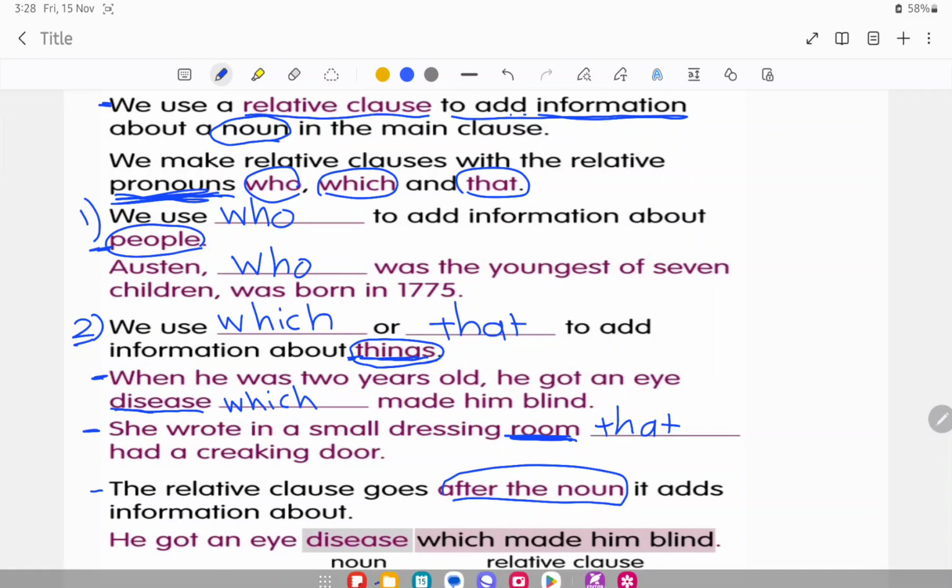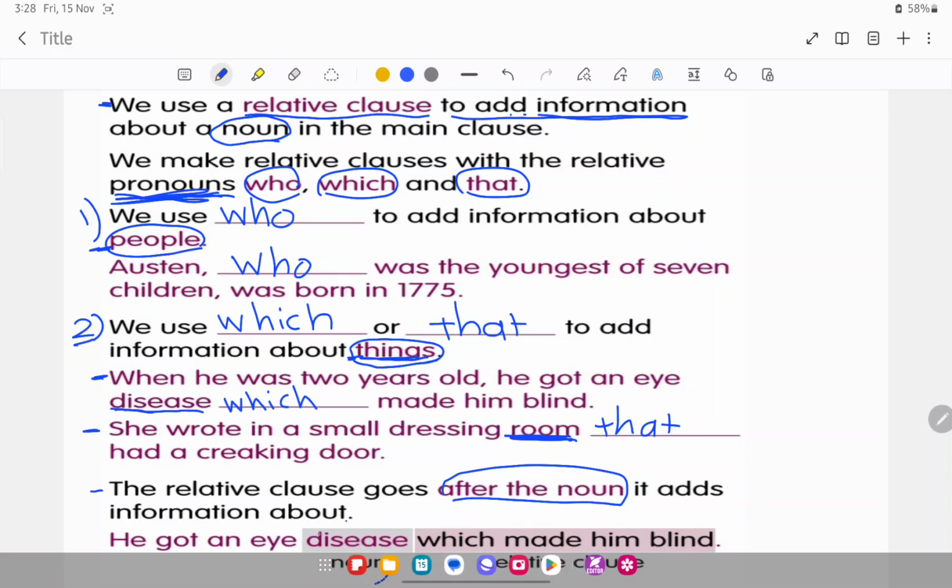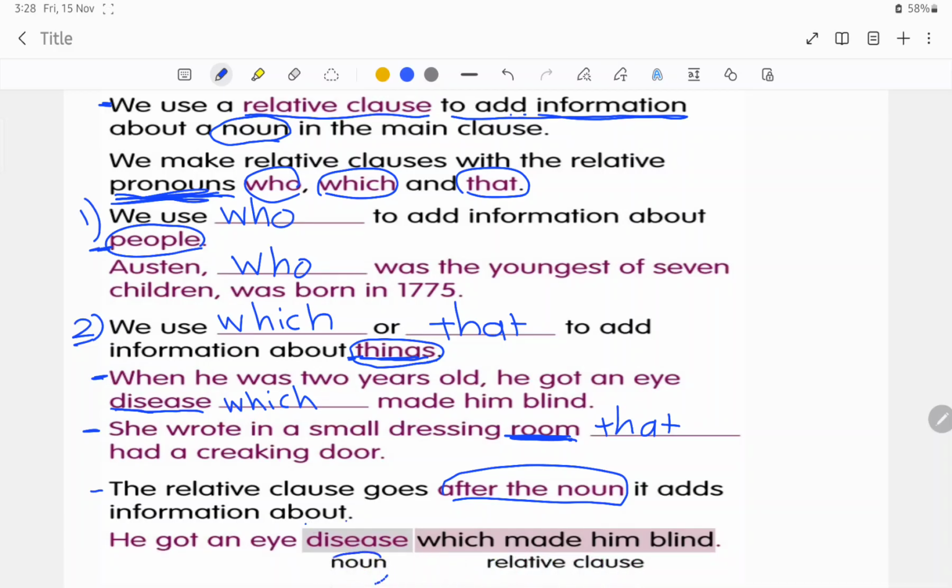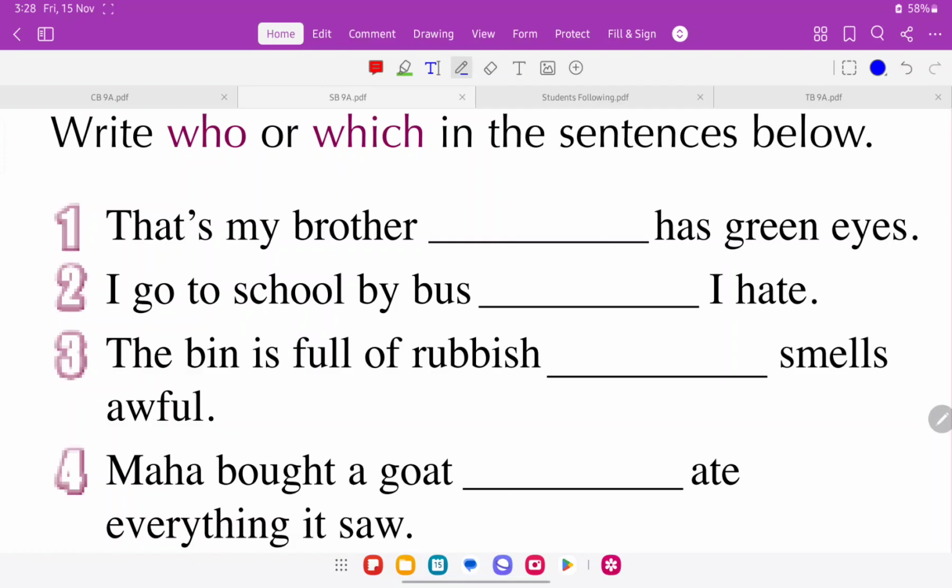So this is the noun here. The noun is the disease, which made him blind. So we call this the relative clause. The relative clause, as we said, is after the noun. It adds information about it.